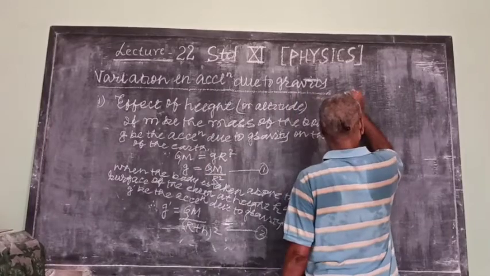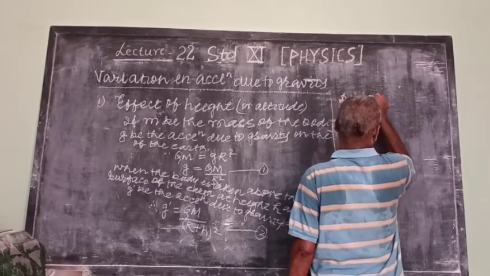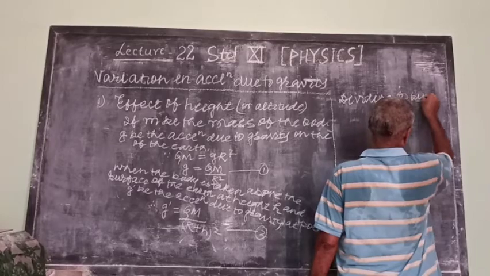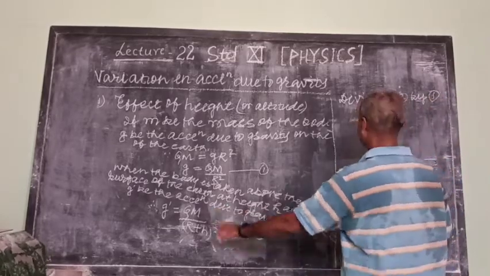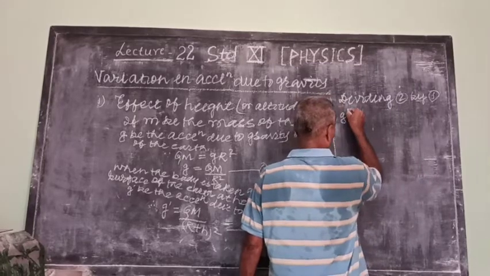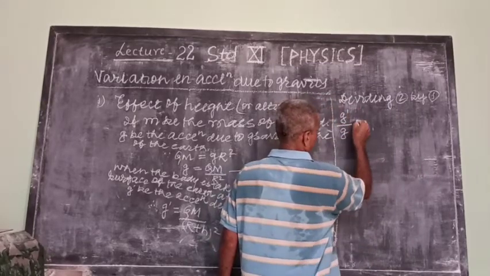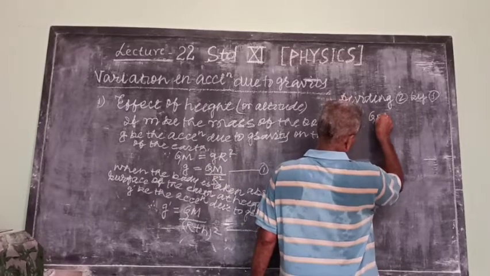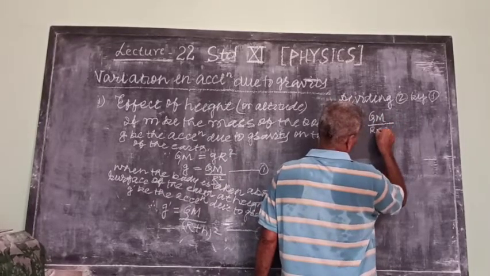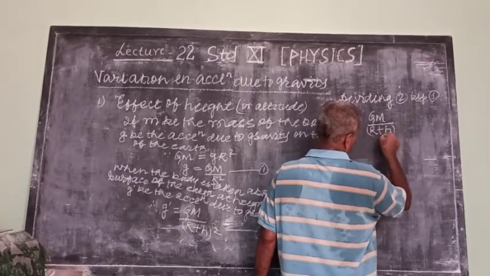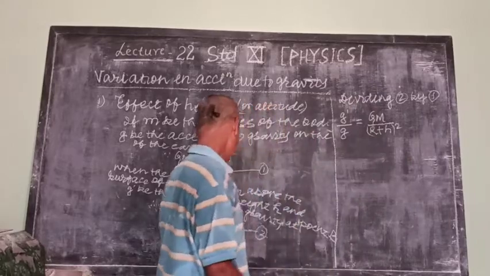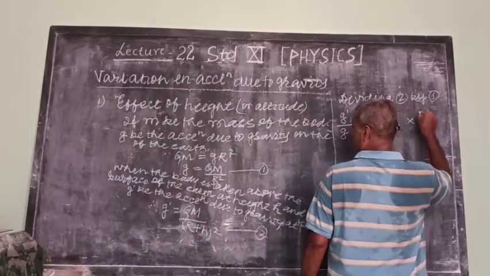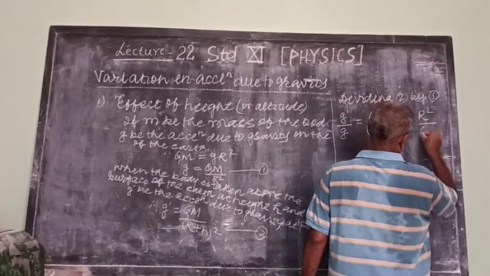Dividing the second equation, g dash, by the first equation: GM by (R plus h) whole square, divided by GM by R square, which means multiplying by R square by GM.